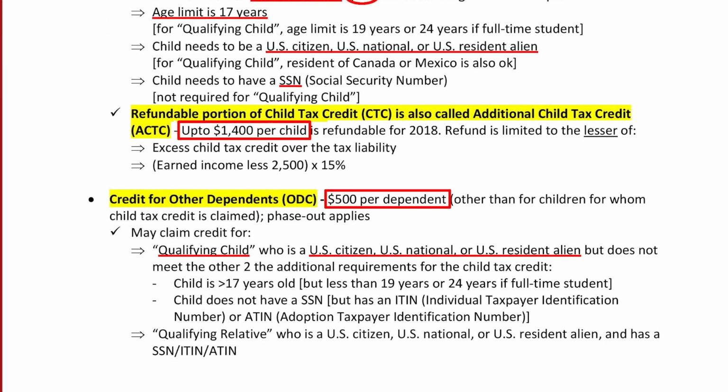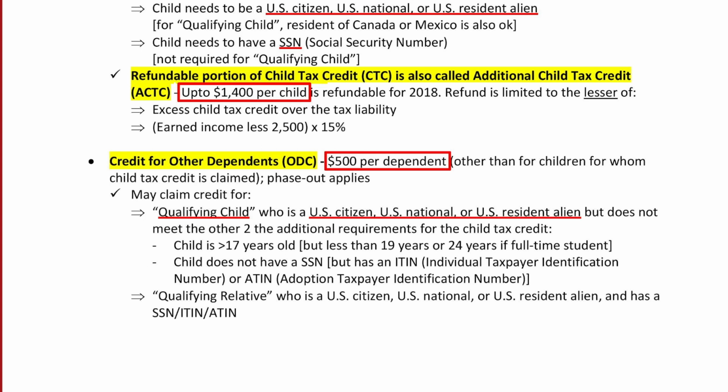Credit for other dependents could be for a qualifying relative who is a US citizen, US national, or US resident alien and has SSN, ITIN, or ATIN. SSN is a social security number, ITIN is individual tax identification number, ATIN is adopted tax identification number.